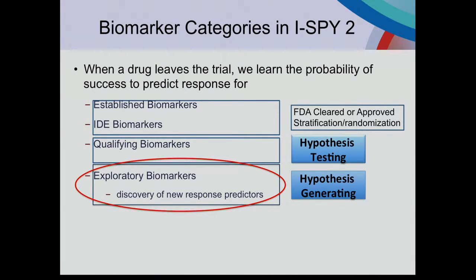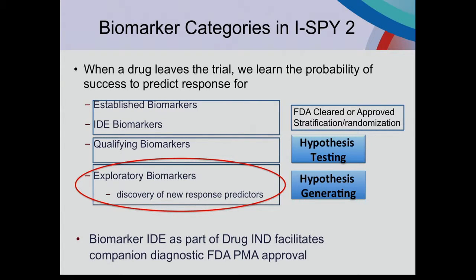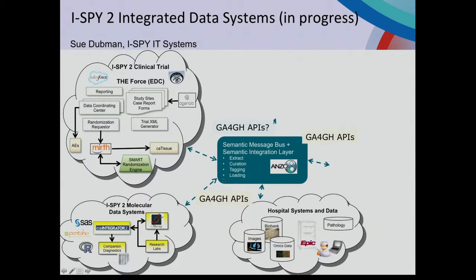One step further into the genomics and computation, which we're actually starting up right now, is in these exploratory biomarkers, where this is the integrated data system that we have. So the whole I-SPY clinical trial runs on a Salesforce system with all of these different data types.